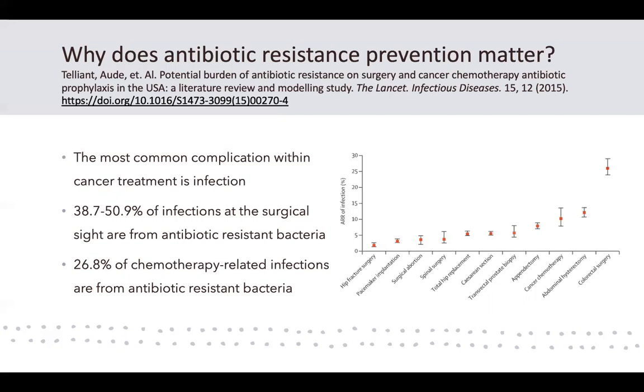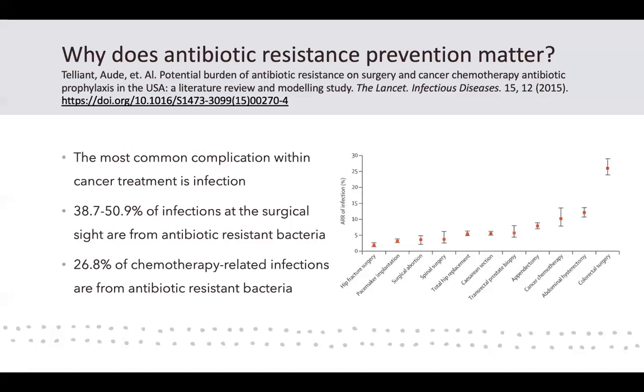It was found that 38.7 to 50.9% of the infections at the surgical site are from antibiotic-resistant bacteria, and 26.8% of chemotherapy-related infections are from antibiotic-resistant bacteria. You can see that broken up between surgeries in the figure to the right.